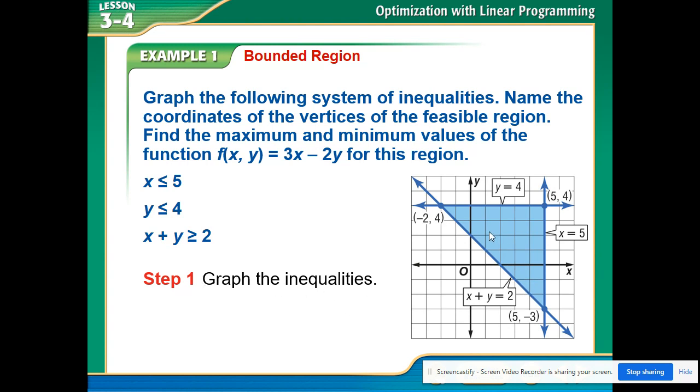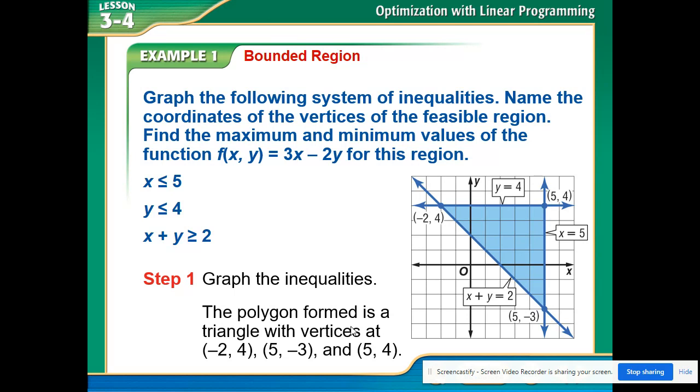Now, the first major step is to graph those inequalities. So once we have the inequalities graphed, we're going to need to find the vertices. So you have to use the intersection part of your calculator, second calc intersection, tell it which lines you want to have intersect, and it will go ahead and give you those different points here.